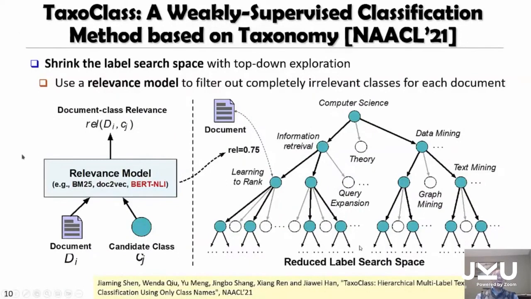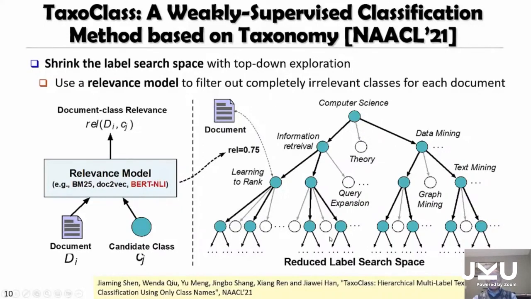However, if you consider that the label space is actually arranged in the structure of a taxonomy, like a tree or DAG structure, we should be able to develop a method that goes step by step. For example, if we get a document, we first judge within computer science what the children could likely be, or what the parent class of this document could be.